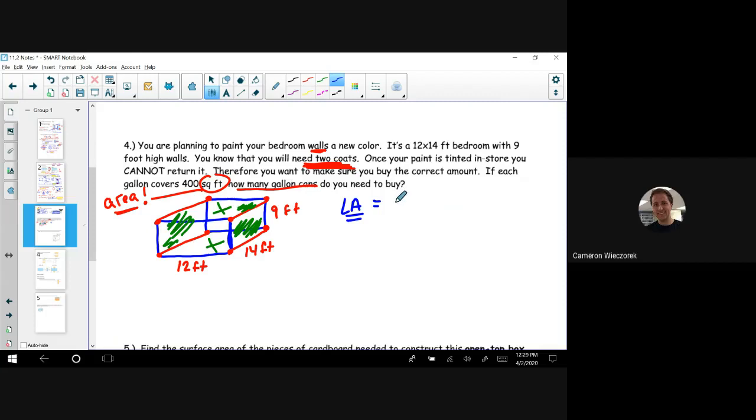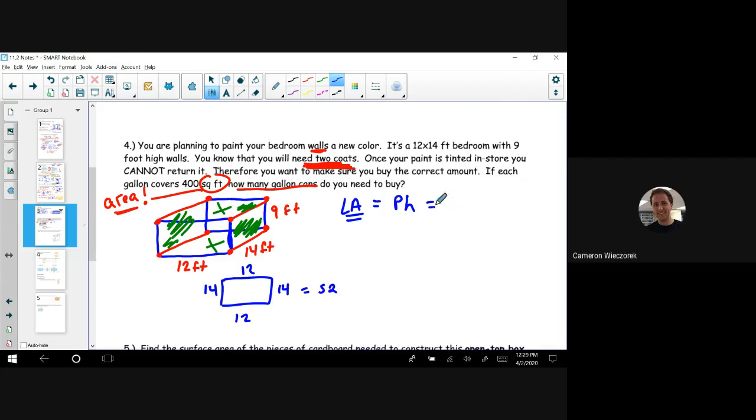is just going to be the perimeter of the base times the height. Well, my base is 12 by 14, and since it's a rectangle, opposite sides are congruent. So I'm going to get 14 plus 14 is 28, 28 plus 12 is 40, plus 12 is 52.